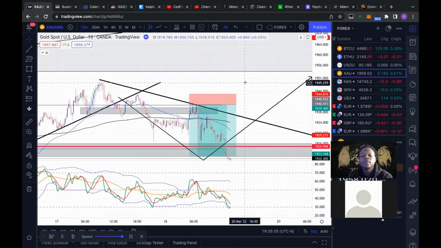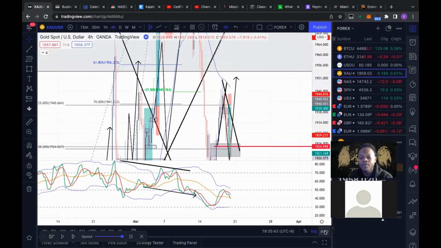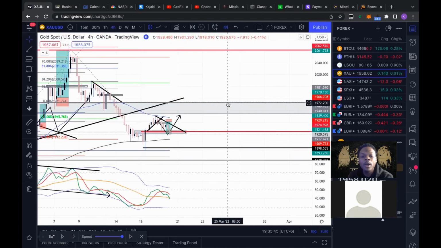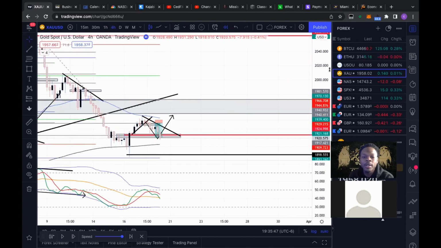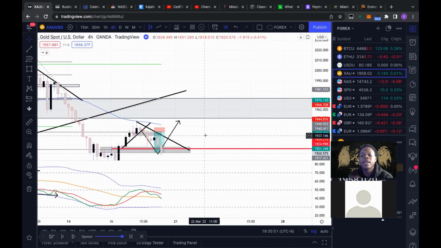Now, it's still good to know where you are in the market on larger time frames, like on a 4 hour and a 1 hour. You want to always understand where you are in the market, because you can get faked out on the smaller time frames if you are not paying attention to where you are in the market.